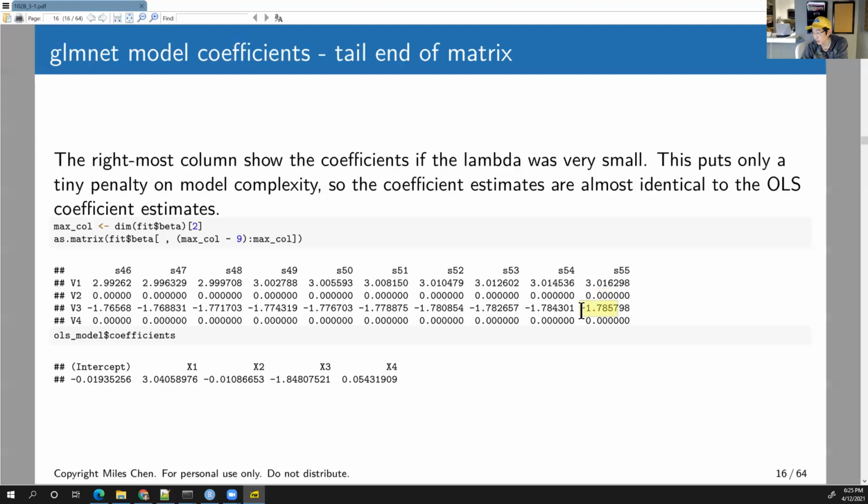And it did apply a little bit of shrinkage to the coefficients for variables 1 and 3, okay? Because if you compare it to the OLS coefficients, the coefficient for x1 is a little bit smaller. There's a tiny bit of shrinkage here. And if you compare it to the coefficient for x3, there's also a tiny bit of shrinkage here as well, okay? Not a ton, but a little bit, okay?